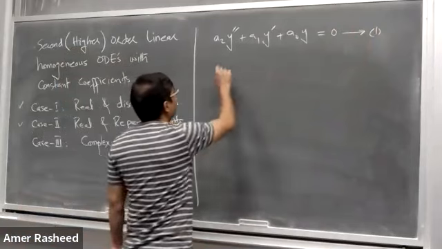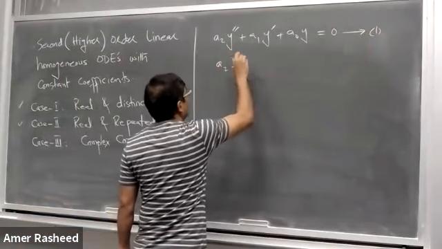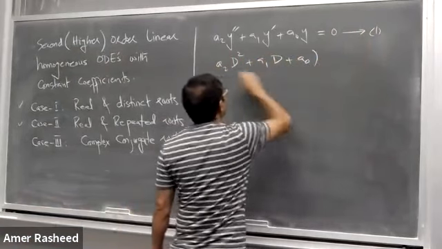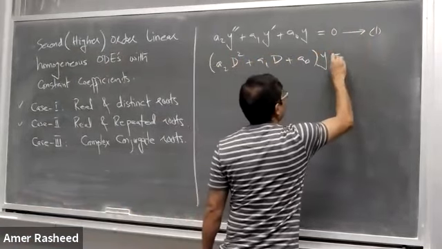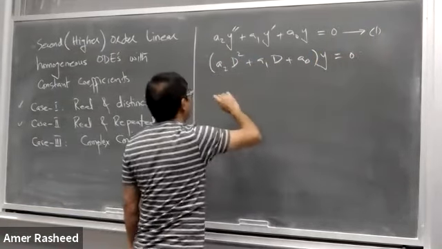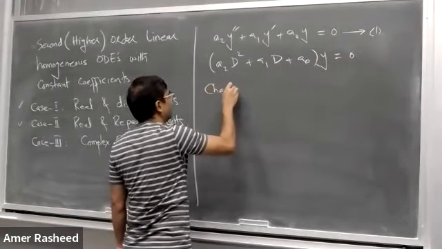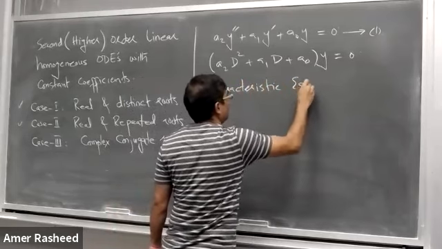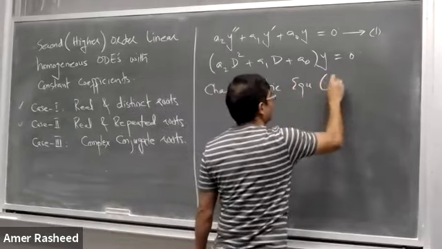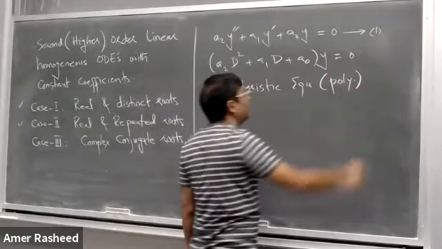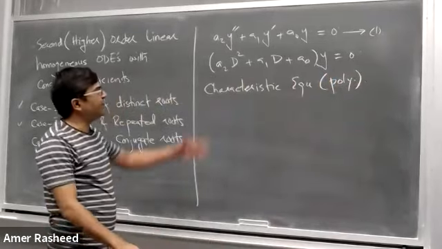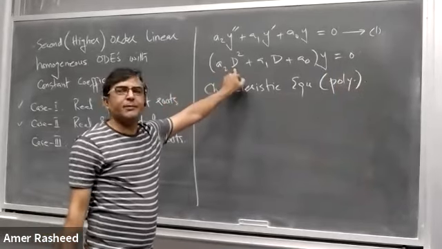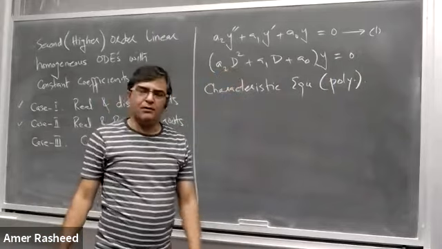Now, after writing this equation in operator form, we write the characteristic equation or characteristic polynomial, which, as I told you, we can get in short by just replacing D by m.